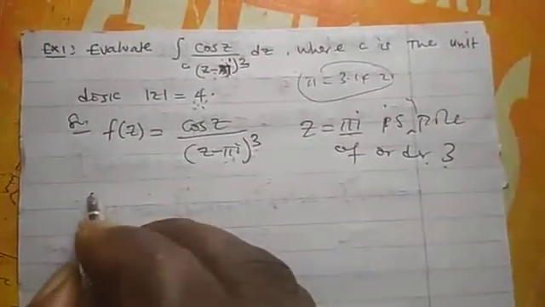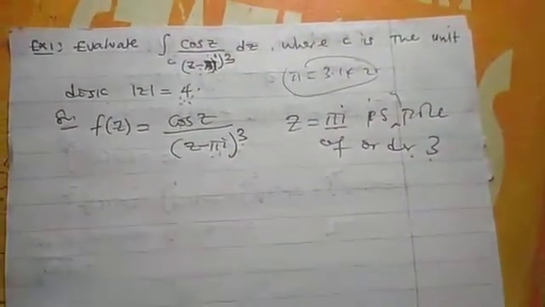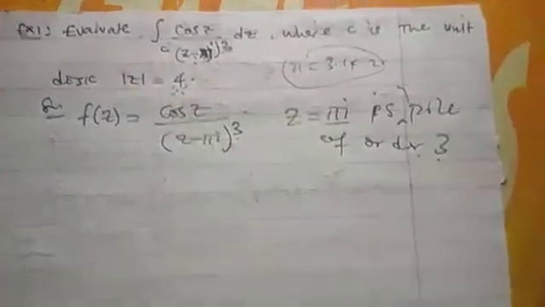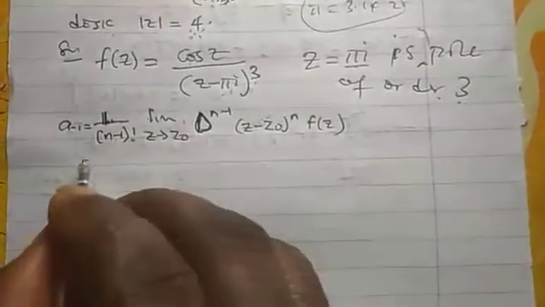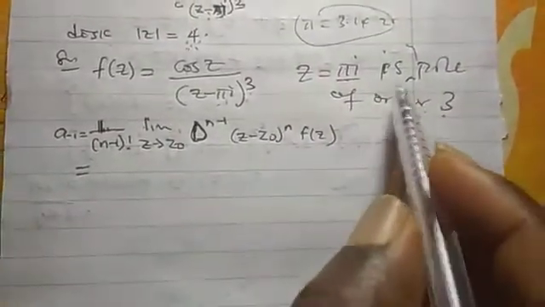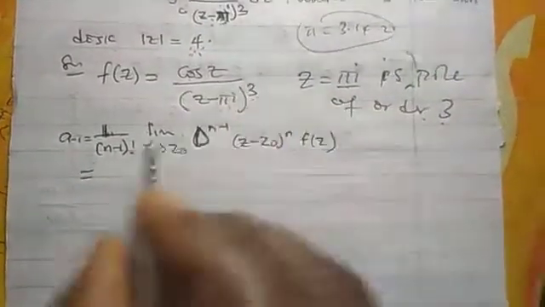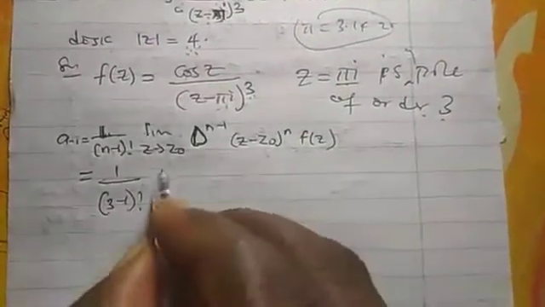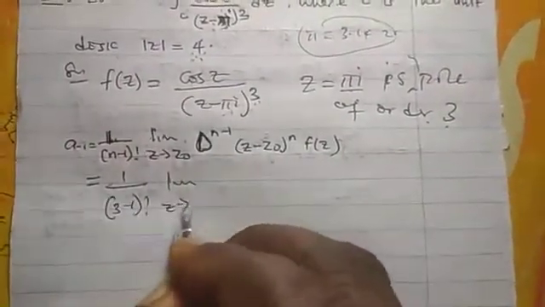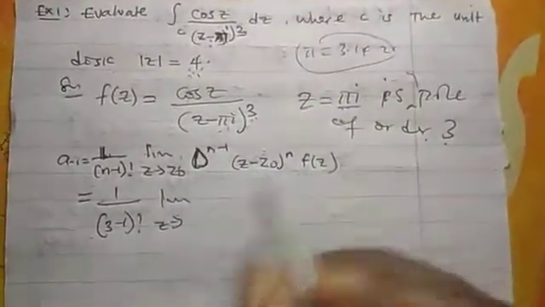And if you remember how to find the residue of a pole of order n, our answer is this. Now our n in this place is 3, so this will give me 1 over 3 minus 1 factorial, limit of z tends to z naught, where our z naught is pi i.